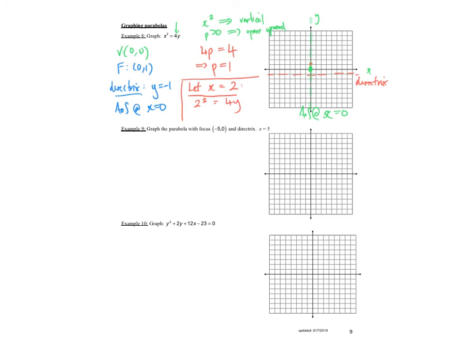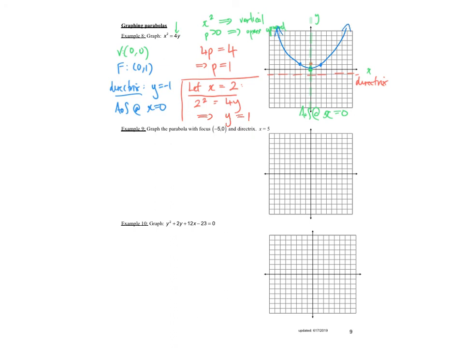The 2 squared gives me the 4 to cancel with the 4 on the other side, so I get y equals 1. So that means I have a point at 2, 1, and the axis of symmetry gives me a point for free at -2, 1. I can now draw my nice opening upwards parabola.